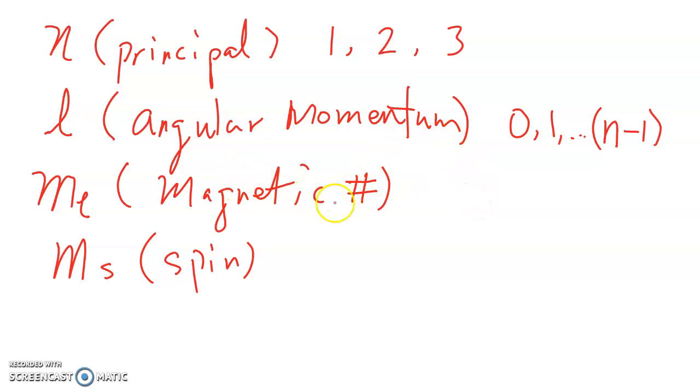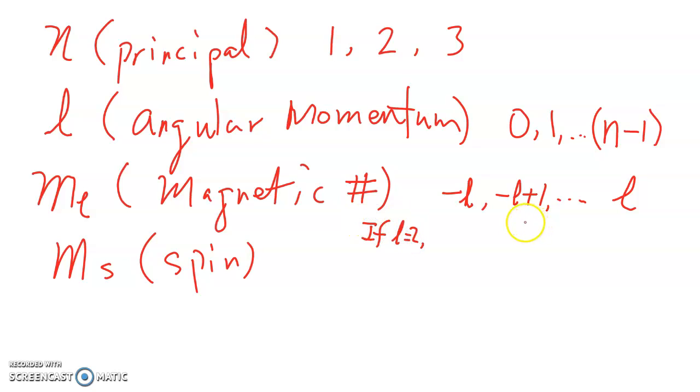All right, the magnetic number. The magnetic number will have the form from minus L plus 1 all the way up to positive L. Okay, so let's say L is equal to 2.